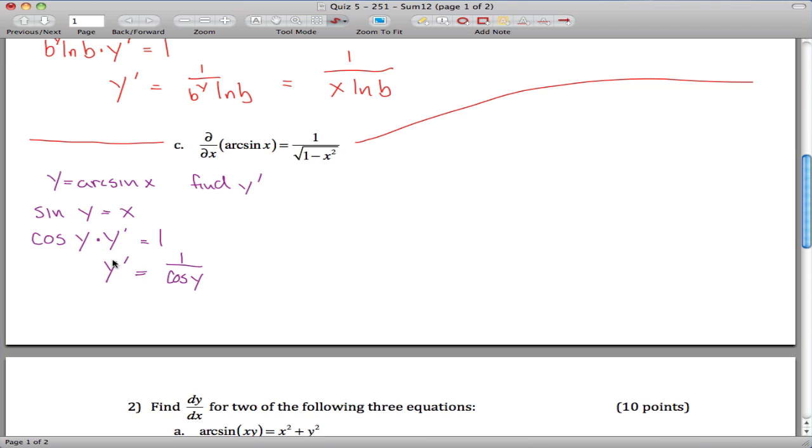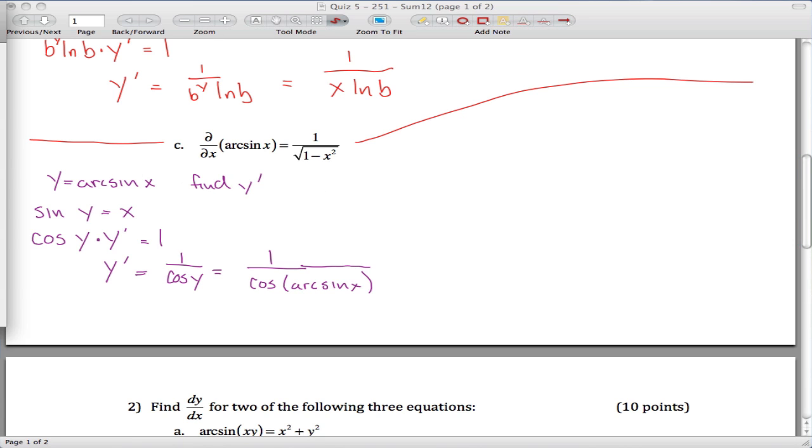First of all, it's weird to define the derivative of y in terms of y. So we should change that. Instead of writing y here, we can write arcsine of x. Let's say our derivative is 1 over the cosine of arcsine of x, which is also correct, but again, it's not equal to what we want it to be. It turns out that cosine of arcsine of x is the square root of 1 minus x squared, but we should probably show that.